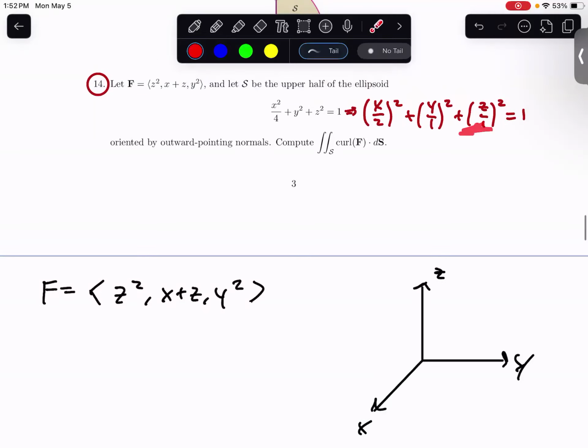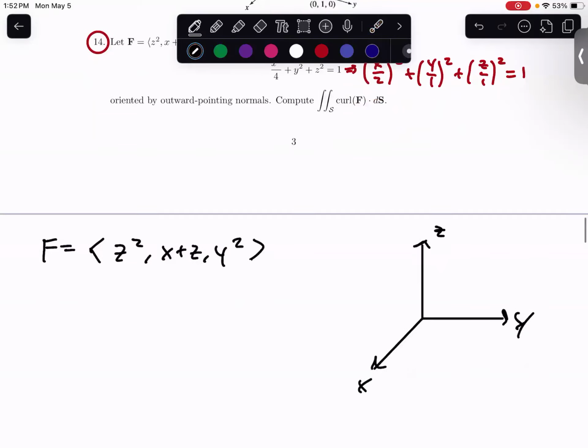So again, if you ignore the z component, it's going to be the equation of an ellipse of x radius 2. So we're going to have that this is 2, and then we'll have a minus 2 back here as well. And then we're going to have y is equal to 1 and y is equal to minus 1. Right, so on the xy plane, we get something that looks like this.